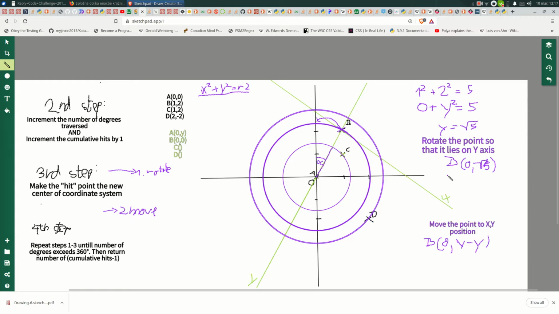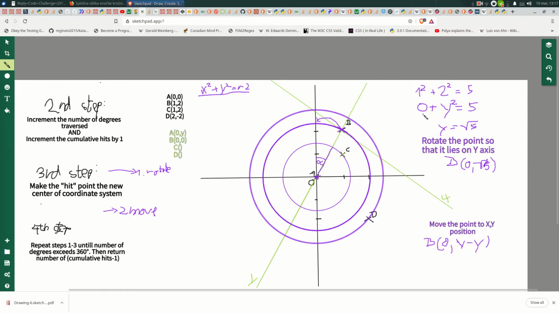But can we use the same logic to rotate the other points? And more importantly, what do we do with the previous original point? I mean, it's not the most important, but all of the things are important.